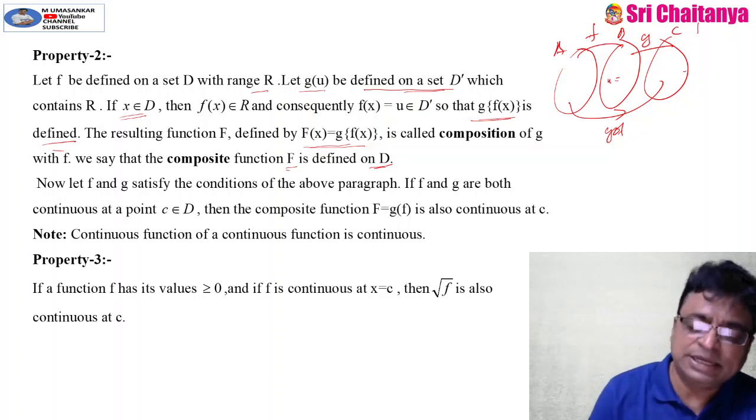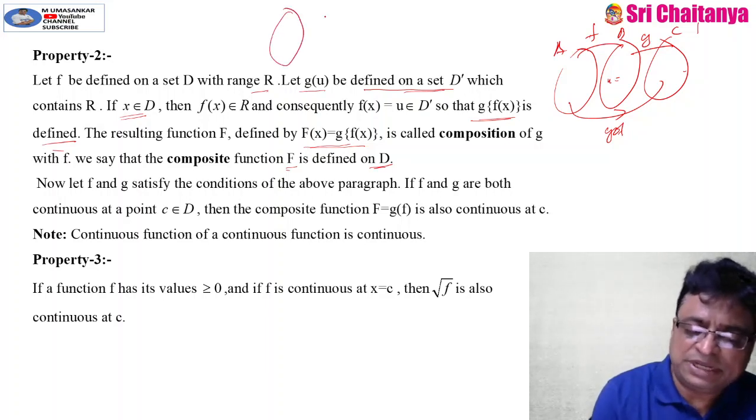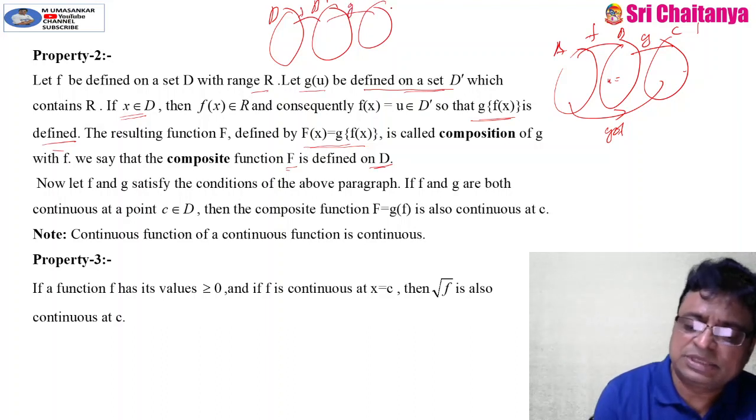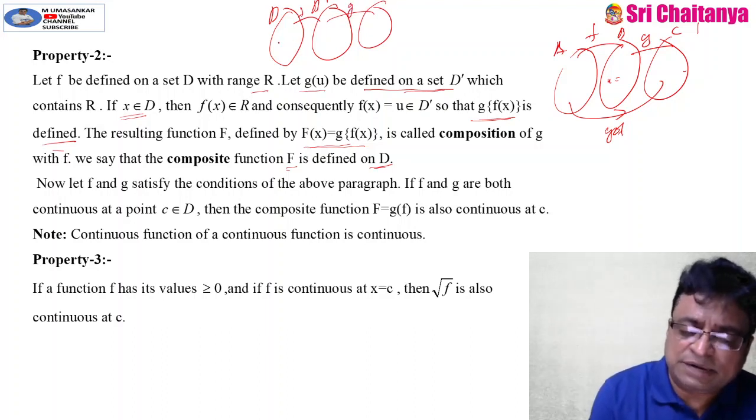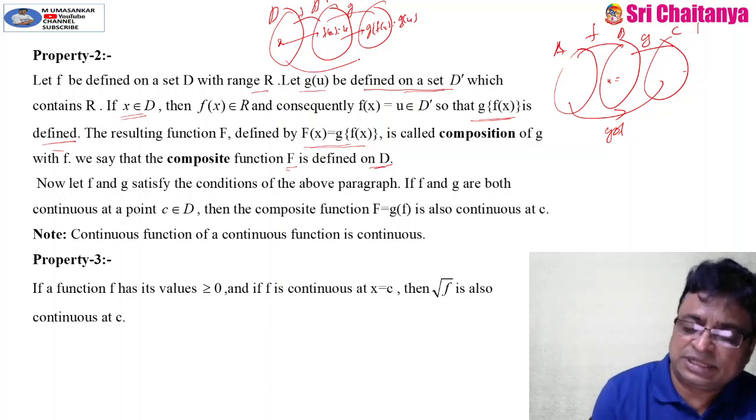On similar lines, here my f is from D to D dash, and here if it is x, the image of f of x is, let it be u, and the image of g, that is g of f of x, is equal to g of u. Then this is called g circle f of x, the composite of f and g.